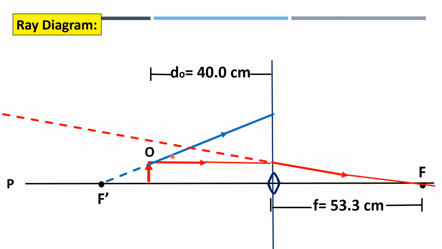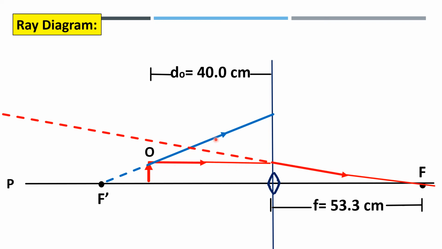That blue arrow represents the second incident ray coming from the tip of the arrow that represents the object, and it's going to hit our converging lens. When extended backward using a broken line, it should pass through the virtual focus. This is another possible incident ray that we can choose, aside from choosing the one that is parallel.